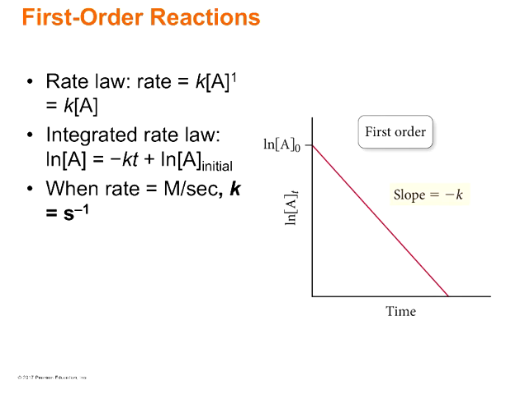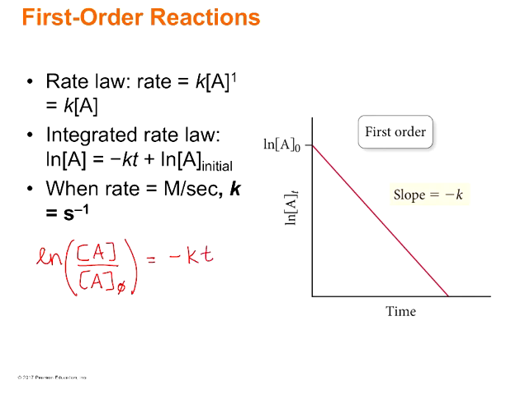So I'm going to rewrite the integrated rate law, but I'm going to rearrange it slightly. So I'm going to move both natural logs to one side. And then we'll set that equal to negative kt.